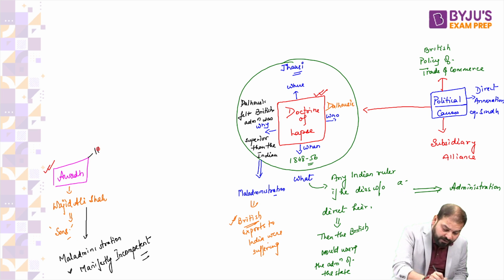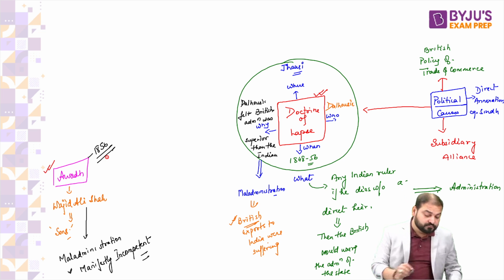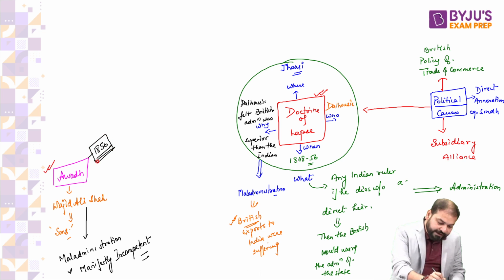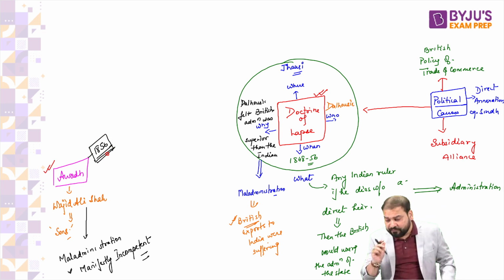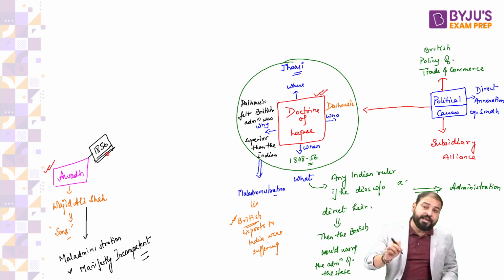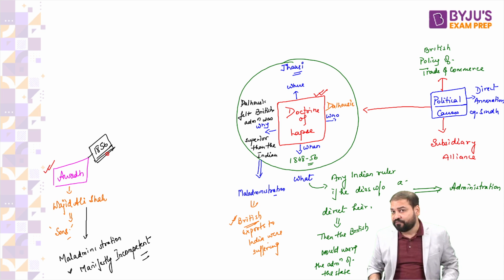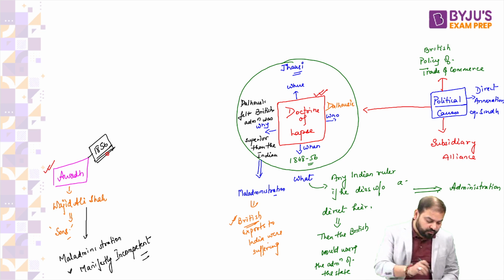And they annexed Awadh in 1856. Everyone, this is a very, very important cause of the 1857 revolt, because people revolted in a big manner in the UP of those days. Am I clear?